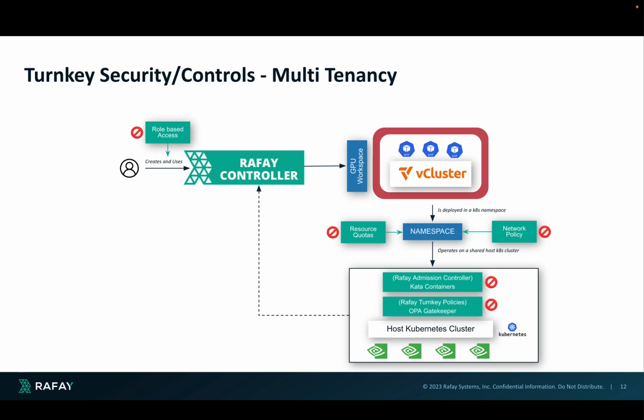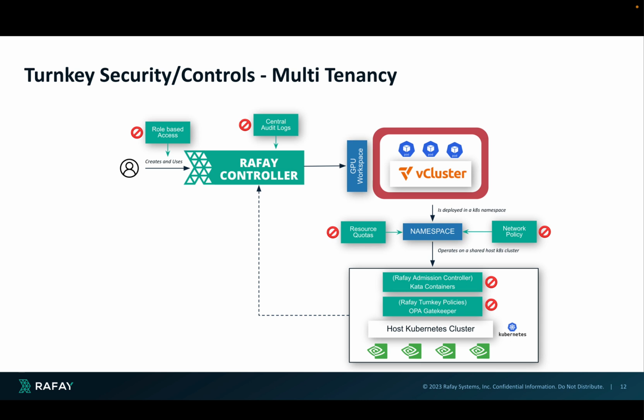So you have complete visibility into what is going on. Finally, everything the user does inside their workspace, anything that is done inside the host cluster, there is an immutable audit trail for all this activity that is aggregated and maintained at the central controller.